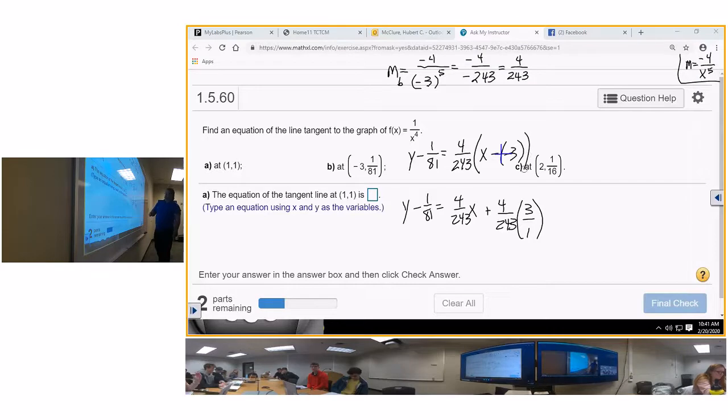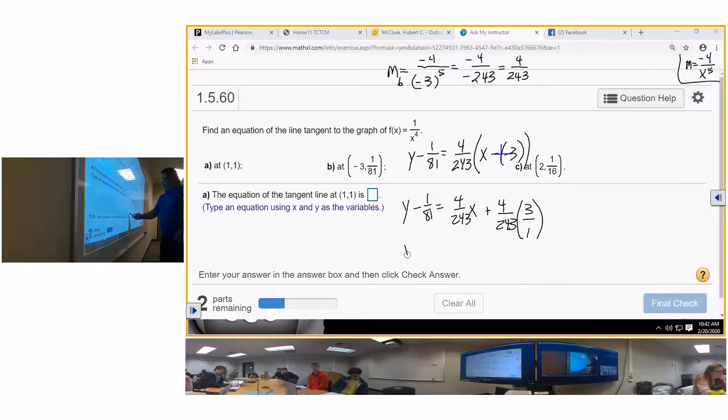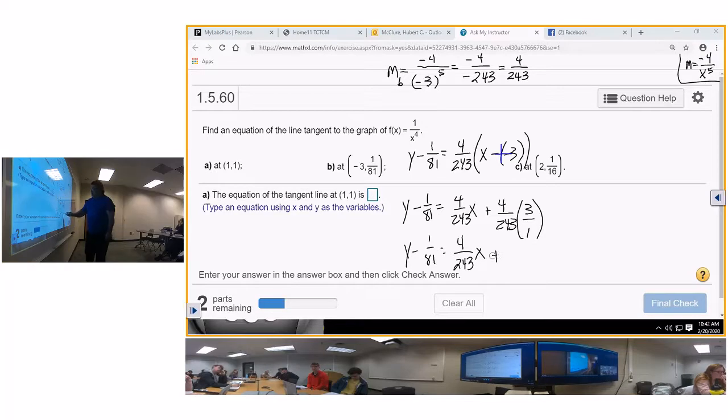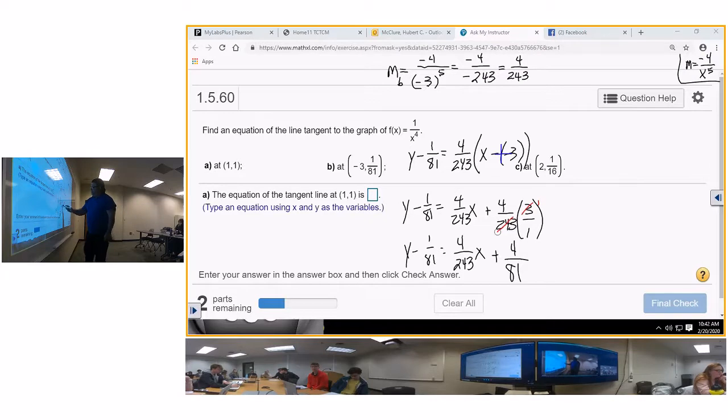Okay? So, y minus 1 over 81 is equal to 4 over 243 x. I think that 3 will go into that 243, so I'm going to kind of condense this down a little bit. And I bet it's going to be 81. It's a miracle. 3 will go in there 81 times.